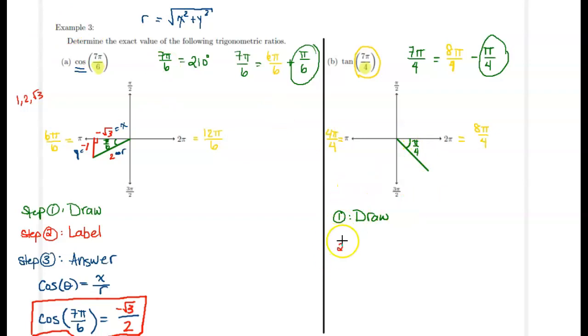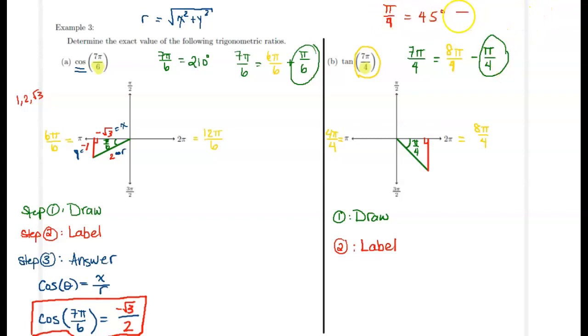Now on to my step 2. I will connect and label. I connect the end to my closest x-axis, only the x, never the y, to make my little triangle. And now I label my sides. Well, if this is a pi over 4, you might remember that pi over 4 is the same as 45 degrees.